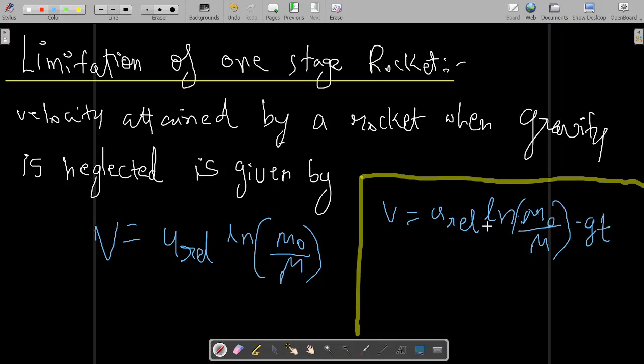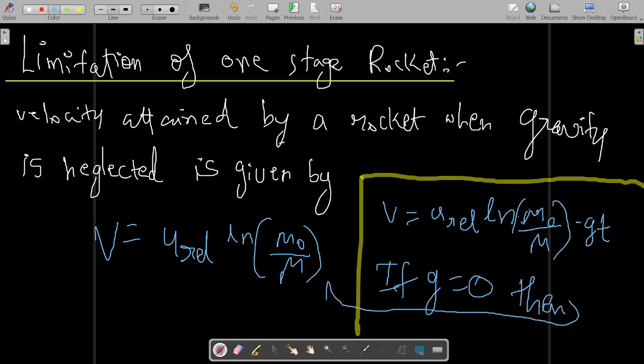This is your expression for final velocity. Now if g equals 0, that is the gravitational field is 0, gravity is neglected, then you will get something of this kind.